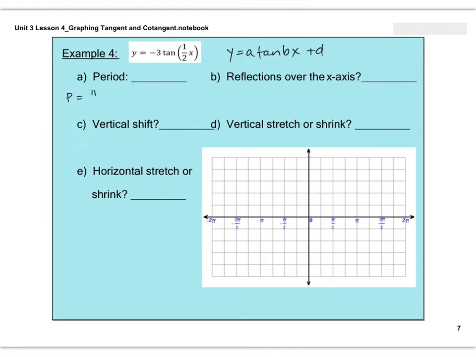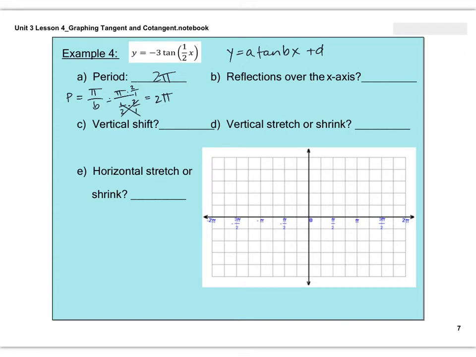We take the pi and divide it by b. The normal period is pi, and in this case, we have to divide it by 1/2. So pi divided by 1/2, if we multiply by the reciprocal, these cancel, it's going to be 2 pi. So 2 pi is our period, which is bigger than it normally is for tangent and cotangent.